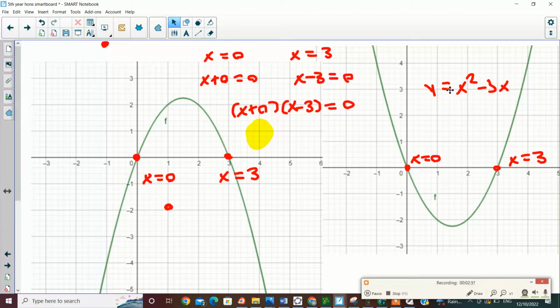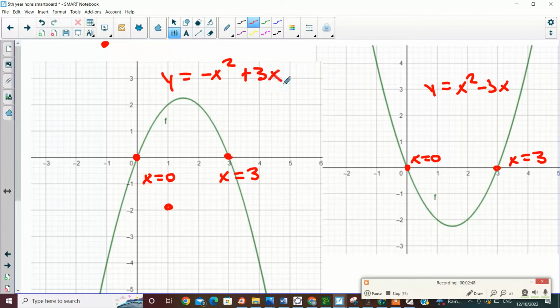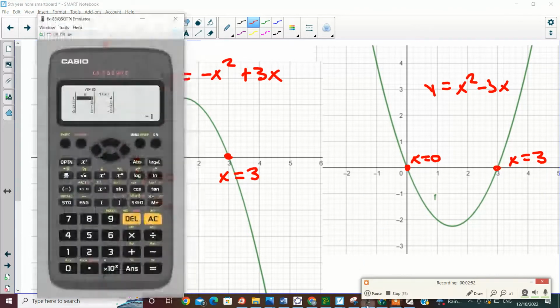Does anybody know how to adjust it to make it into an n shape? Multiply the whole thing by minus. What happens when you multiply the whole thing by minus? So y will equal minus x squared plus 3x. Yeah. And if I put that into my calculator, it will give me an n shape.